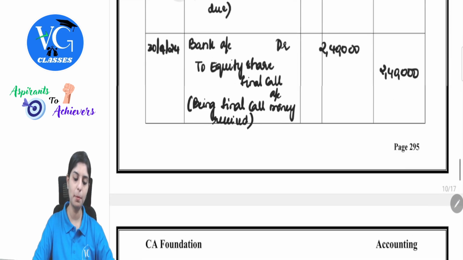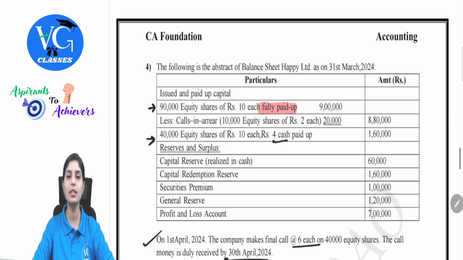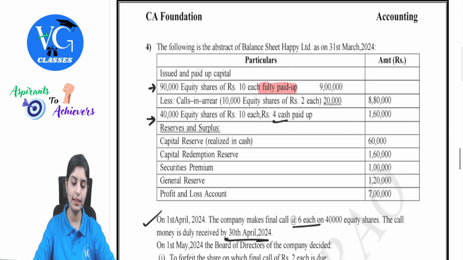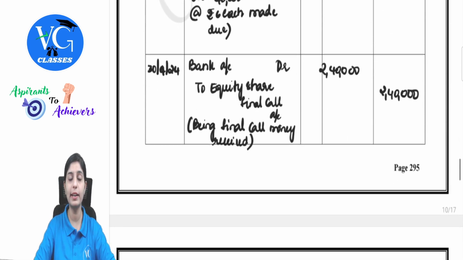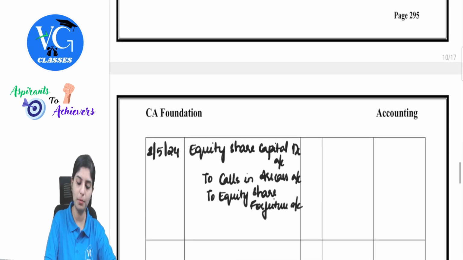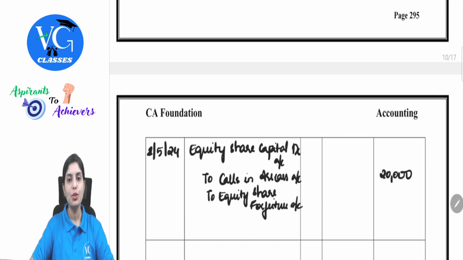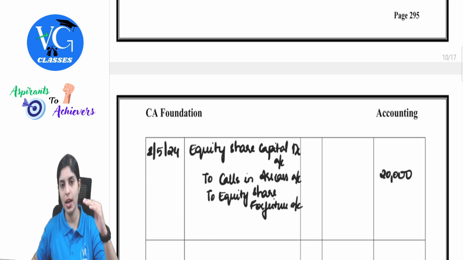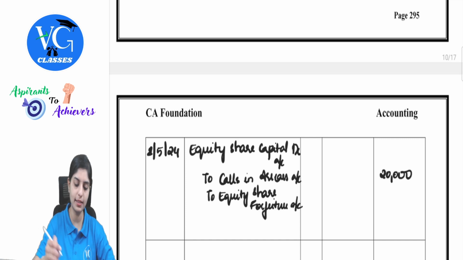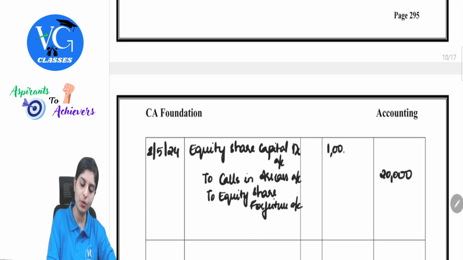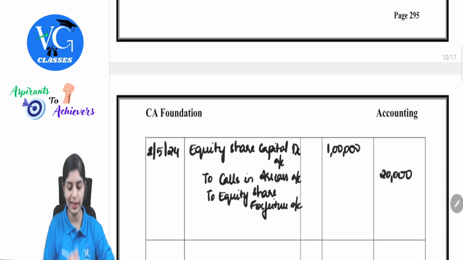Now it is very important to write down the entries. Calls in arrears value was 20,000 on 10,000 shares. Understand, it is not 90,000, only 10,000 shares have a problem. So 20,000. If the amount is transferred to calls in arrears, that means the call was attempted. They had made the call, but the payment was not received. Hence, it is reflecting as calls in arrears. That means if I have to cancel it in the share capital, the entire face value gets cancelled. So how much will that be? 1 lakh. How did I get it? 10,000 shares into 10 rupees.